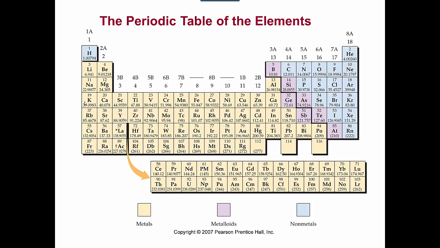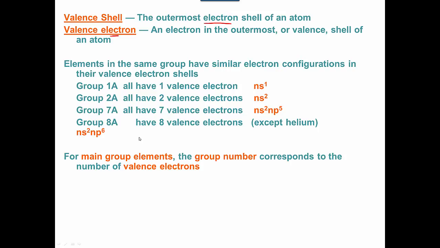It turns out that because the valence shell configurations for elements in a group are the same, those elements have the same chemical properties. They behave similarly. So this means that, for example, all of the elements in group 1A have similar valence shell configurations.